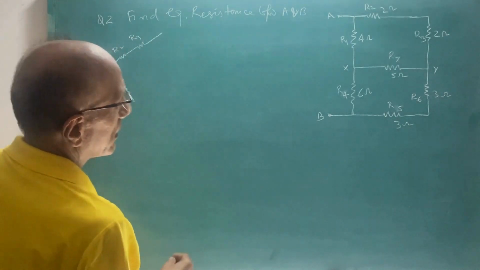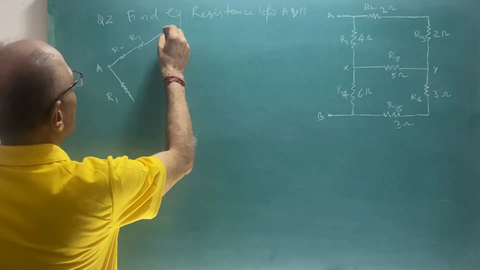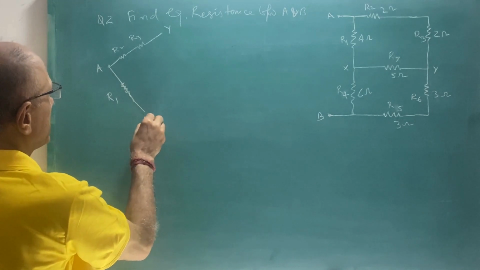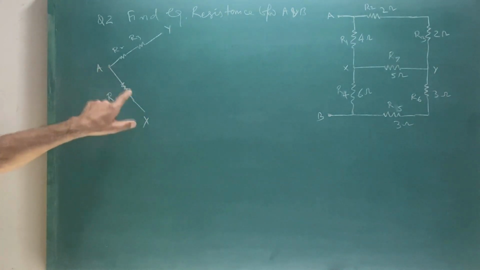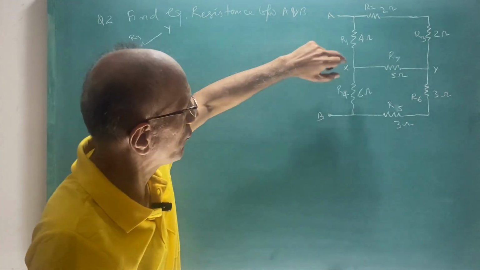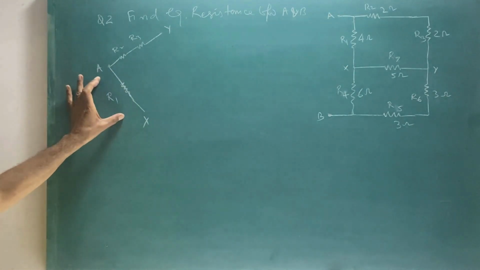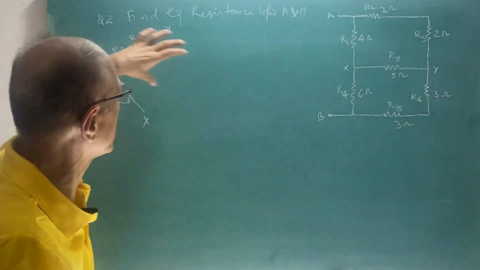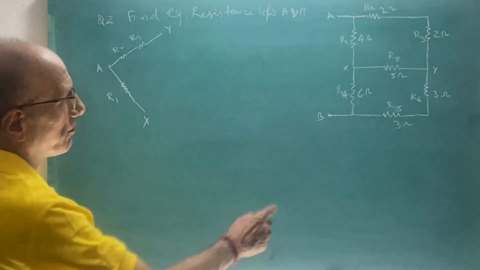This point we are taking as Y and this point as X. From A to X we are connecting R1, and from A to Y we are connecting these two in series. Now this is the B point.